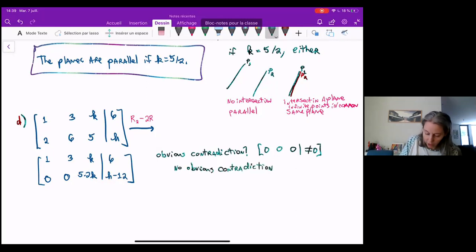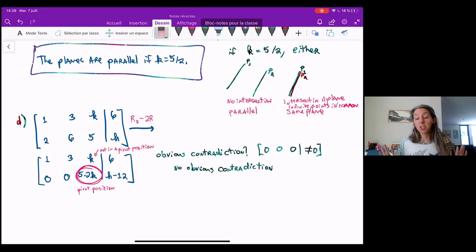Now, the next thing I want to do here is notice that this 5 minus 2k right here is in a pivot position. This k is not in a pivot position, which means that it does not matter to me. It's not important. I'm not going to think about it at all. I'm only thinking about that 5 minus 2k.